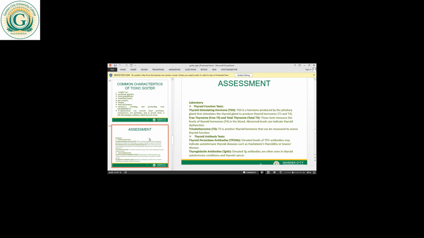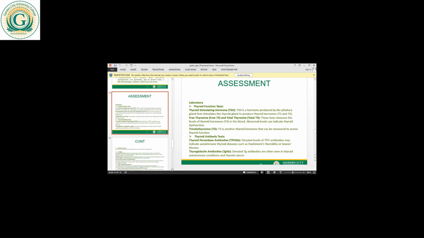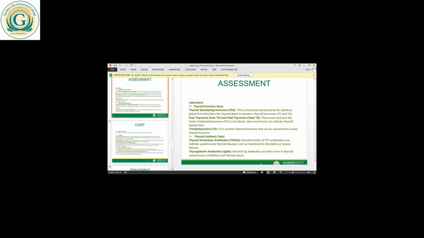The first one, the thyroid stimulating hormone, the second one, the free thyroxine and total thyroxine. We also have triiodothyronine, that's the T3. And then also we have the thyroid antibody test, where we have thyroid peroxidase antibodies. We also have thyroglobulin antibodies.